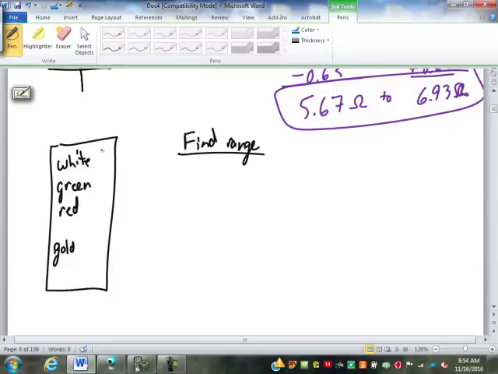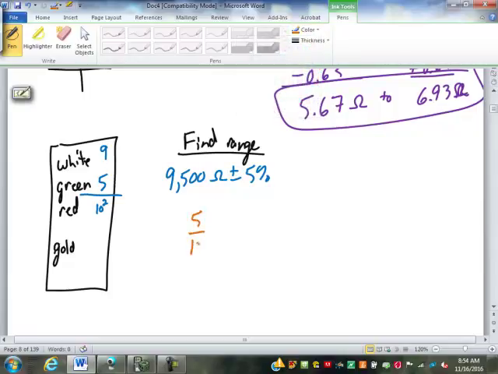Okay, so white is 9, green 5, red 2, so that's 9,500. Plus or minus gold is 5%.